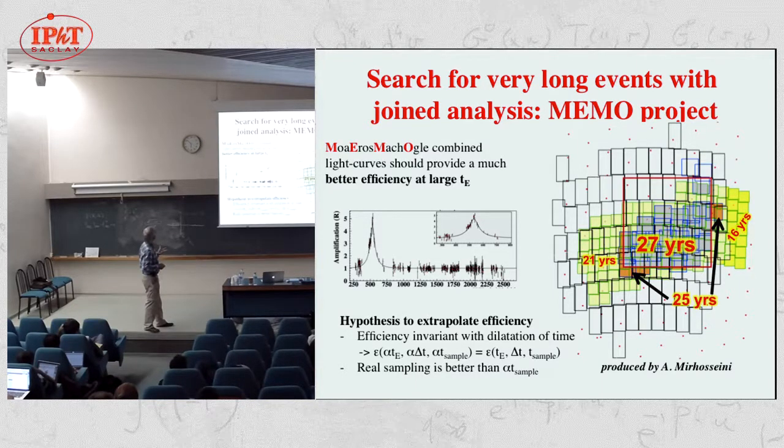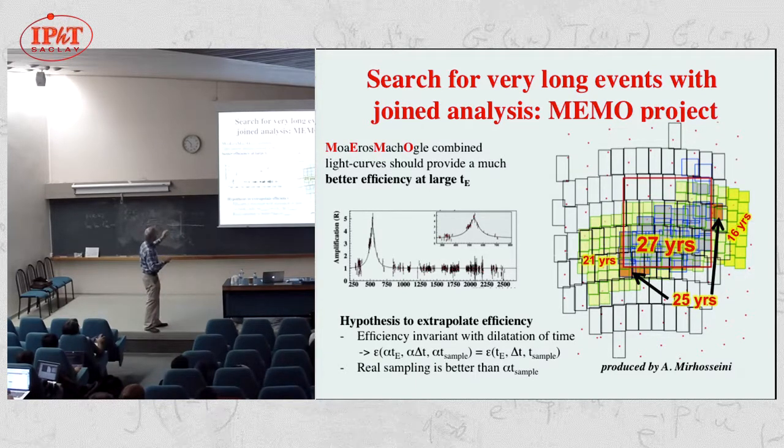If you just decide to multiply all your times by a given factor, you have the same light curve. If I change from days to hours in my analysis, I will have exactly the same efficiency.